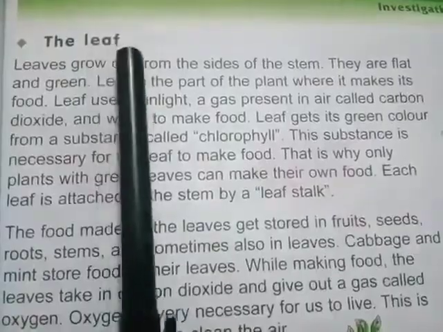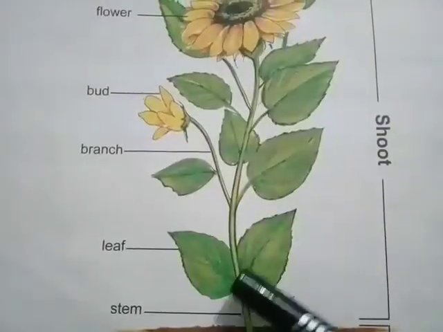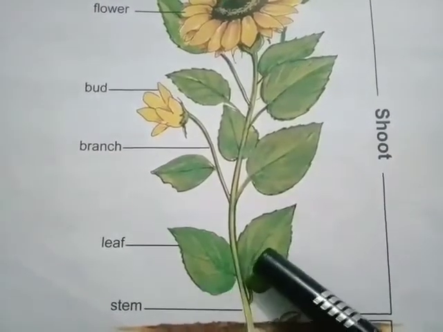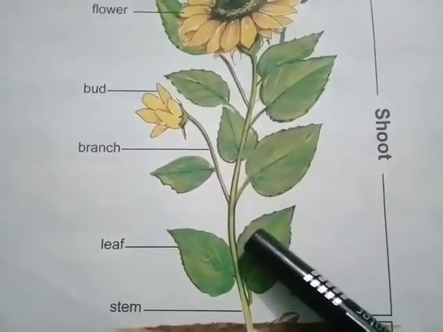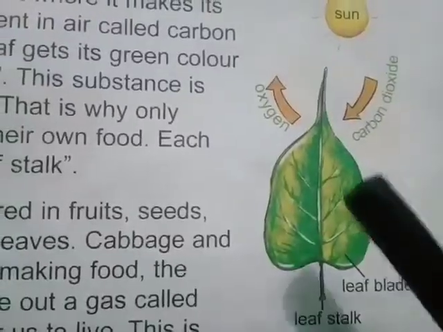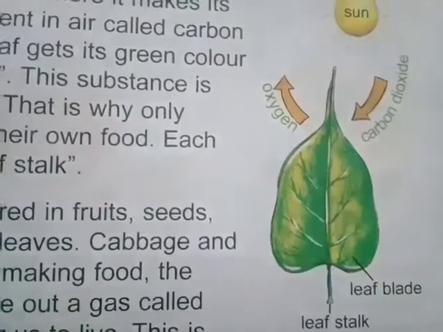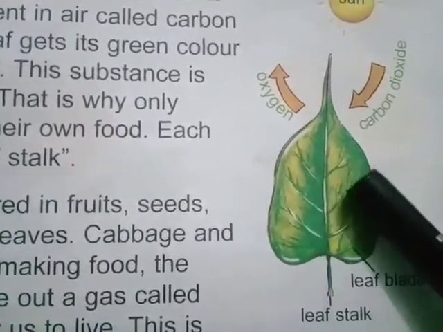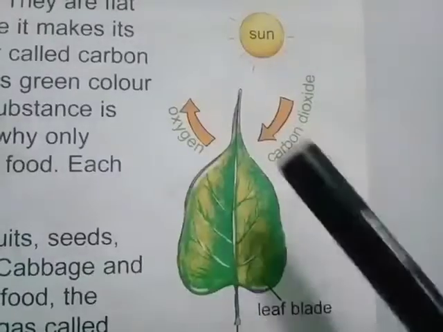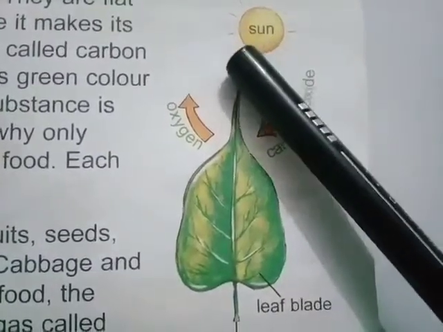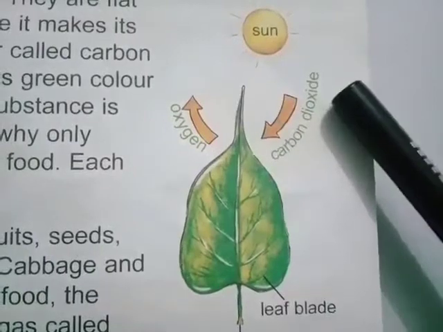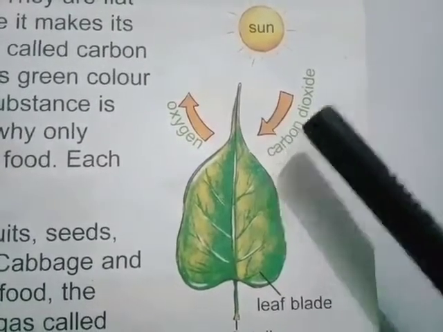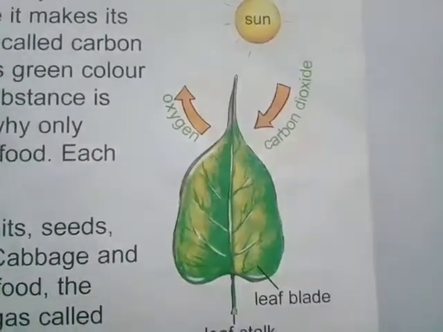The next part of the plant is leaf. Look in the picture. Leaves grow out from the sides of the stem. They are flat and green. Leaf is the part of the plant where it makes its food. Leaf uses sunlight, a gas present in air called carbon dioxide, and water to make food.